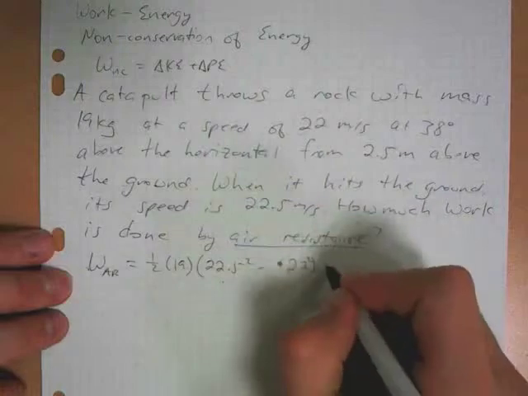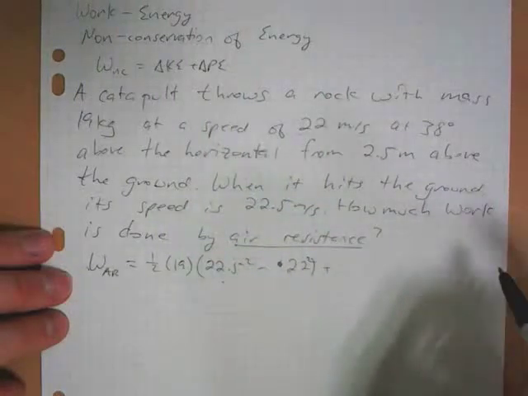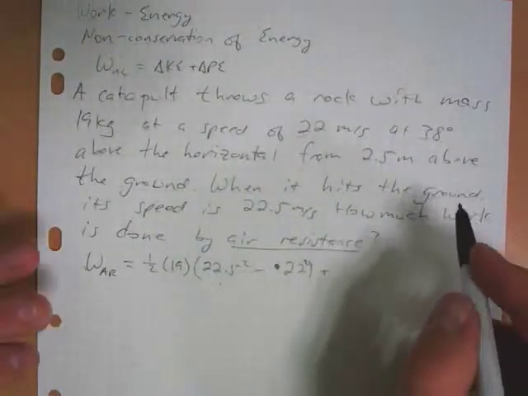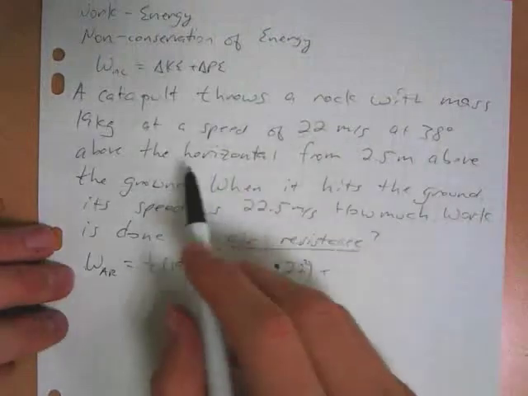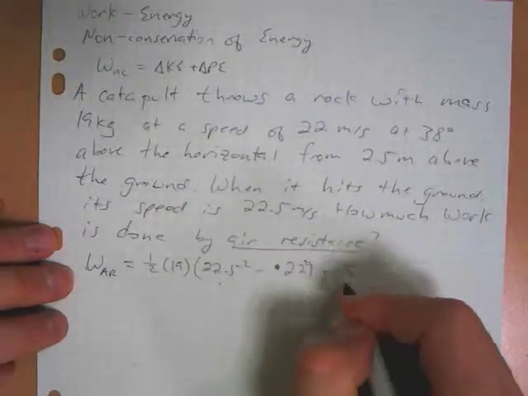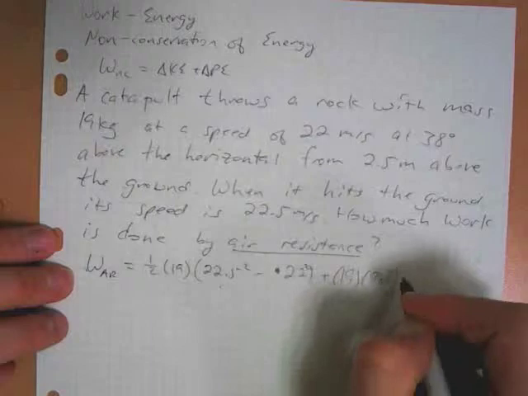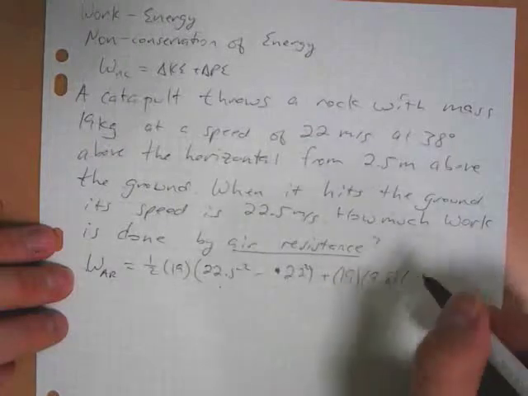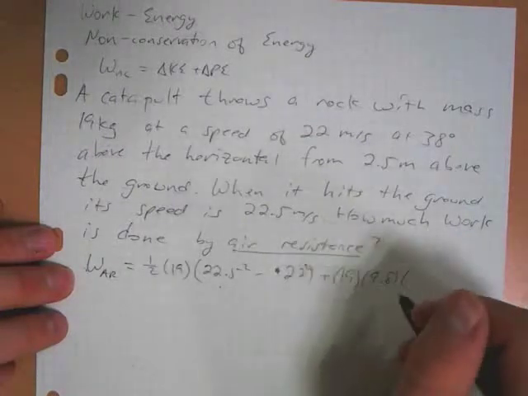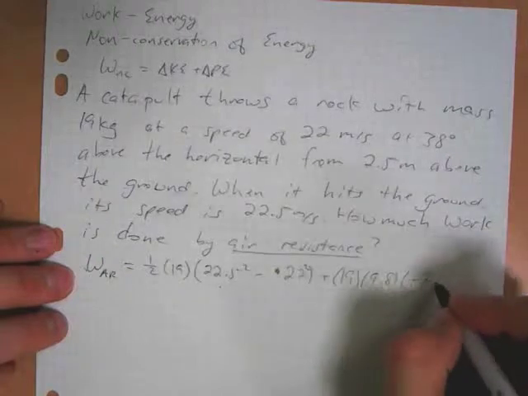Plus delta PE. In this case, we only have gravitational potential energy, so that's m, which is 19, times g, 9.8, times delta h, which would be height final, which is 0, minus height initial, which is 2.5.